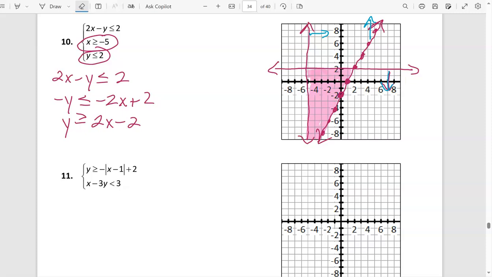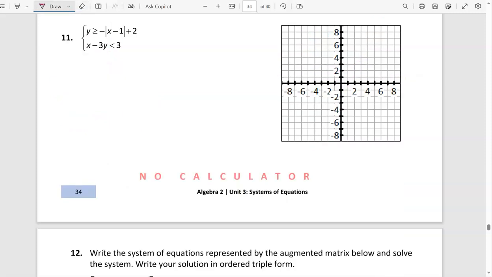Our last system of inequalities to graph has an absolute value boundary. So this is an absolute value boundary that has a new origin of 1, 2. So 1, 2 is right there, and the negative before the absolute value indicates that this absolute value V shape is opening down.